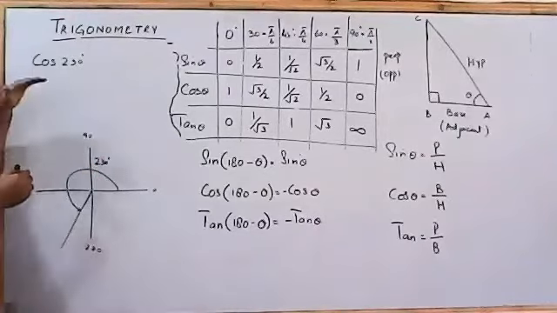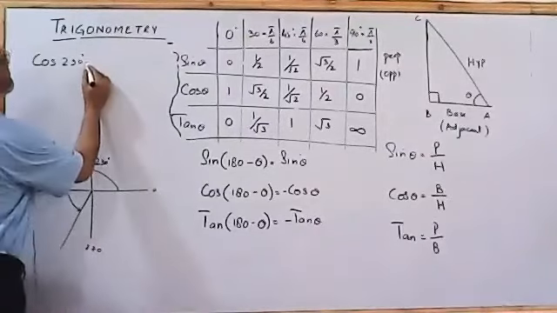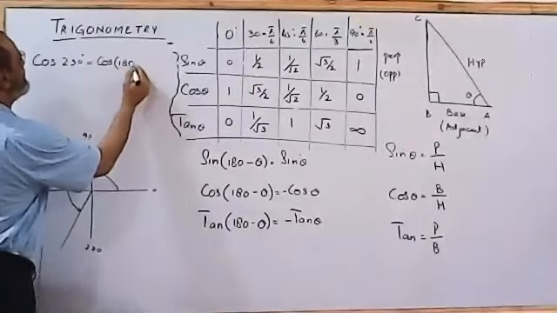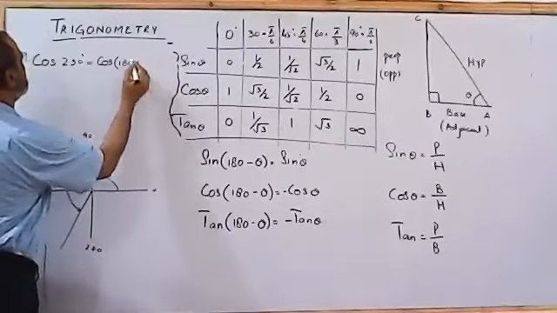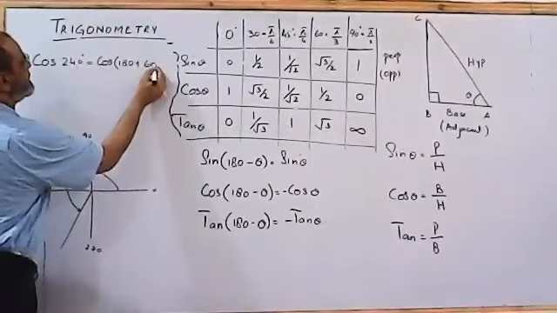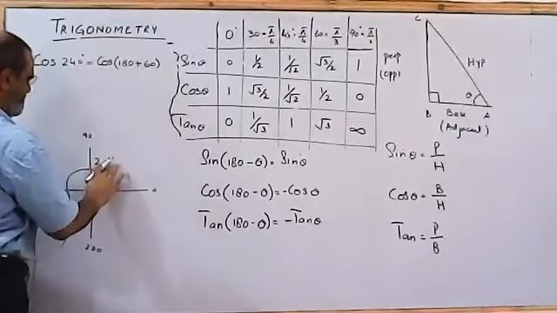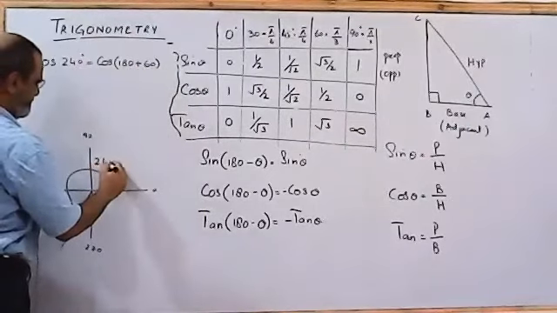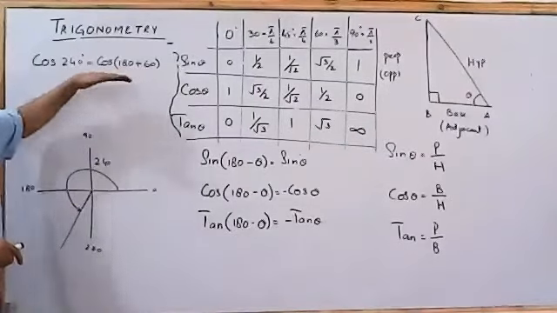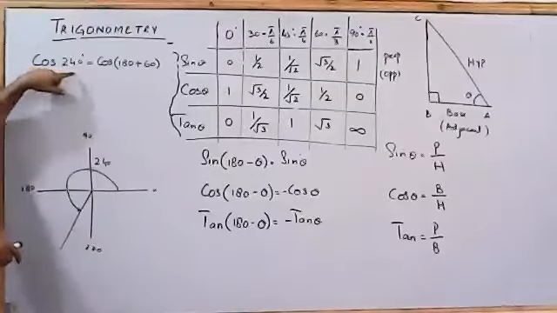So I can write it as cos 180 plus 60. So 180 plus 60 is equal to 240.